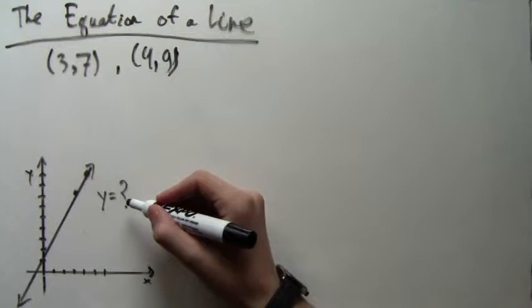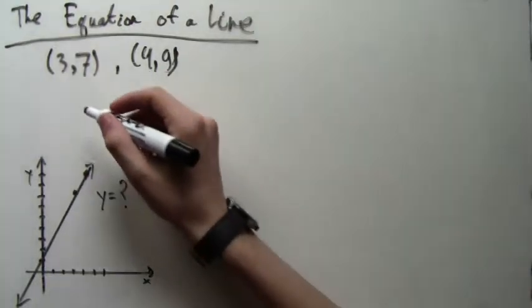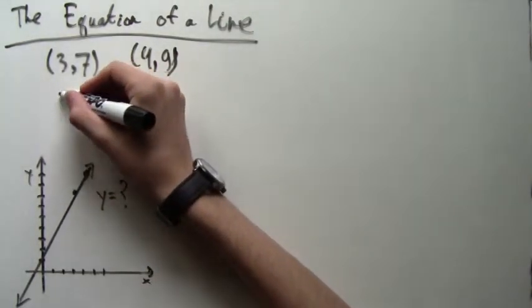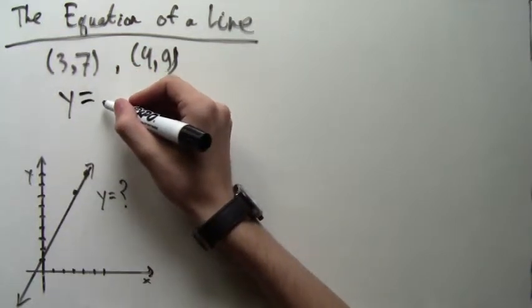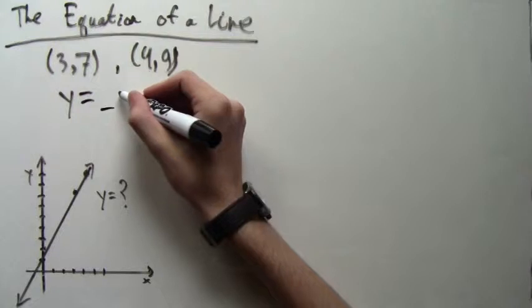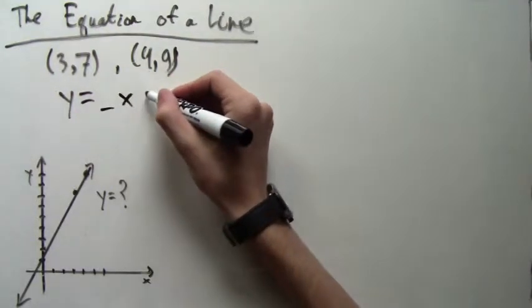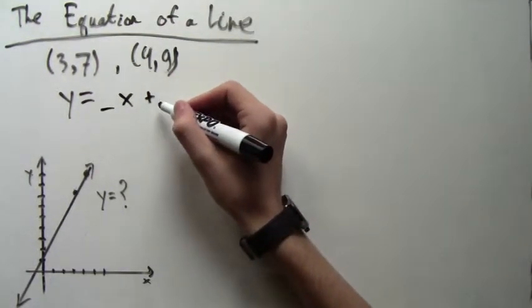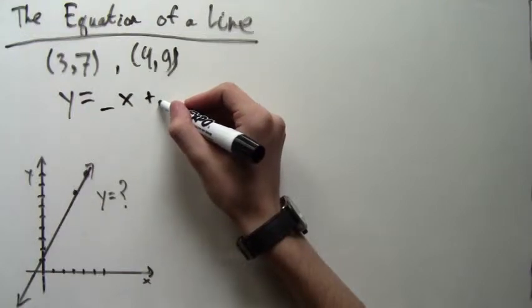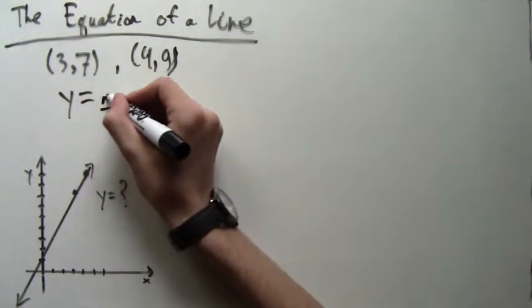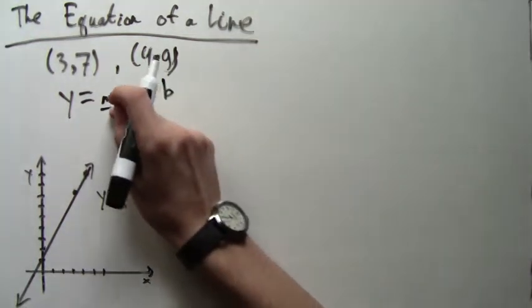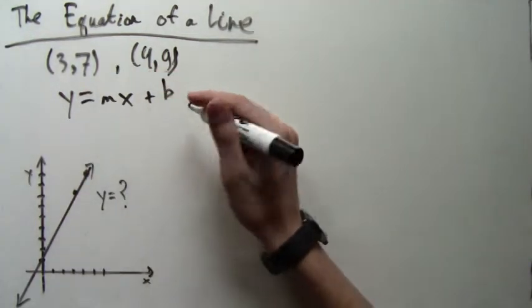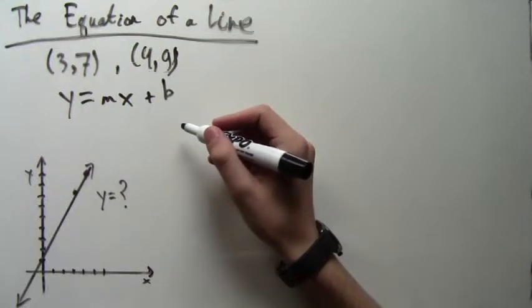We know that the line that passes through these two points is a linear function, and that linear functions look like y equals some number times x plus another number. We can rewrite this as y equals mx plus b, where m and b are some constants. Our goal is to find what m and b are.